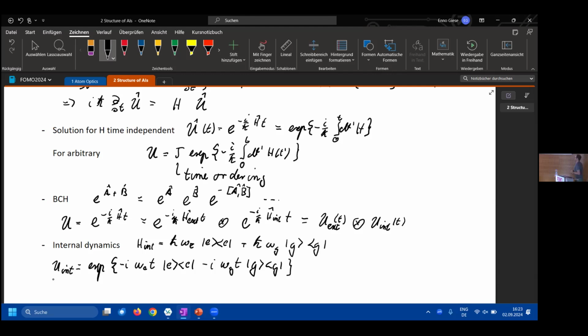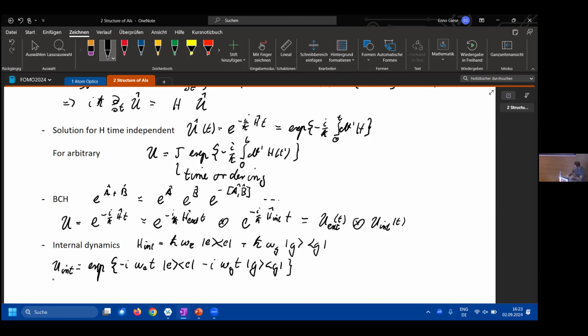And now, of course, you can also say, oh, actually they commute and projectors are idempotent, so it's a diagonal matrix. So the matrix exponential of a diagonal matrix is just having the entries on the diagonal being exponentiated. And that's what we are doing right now.